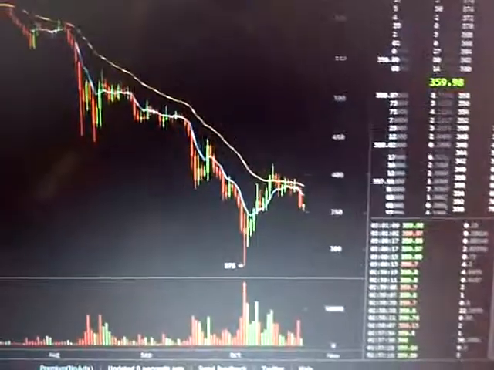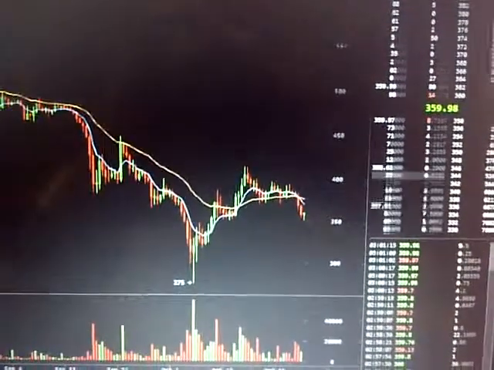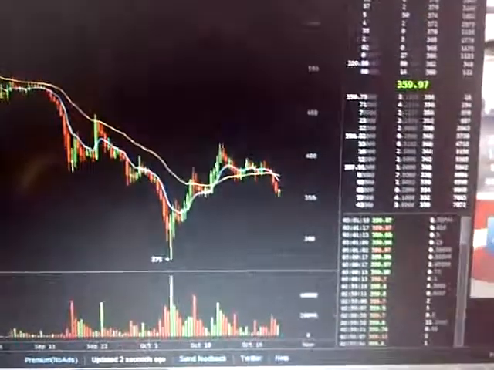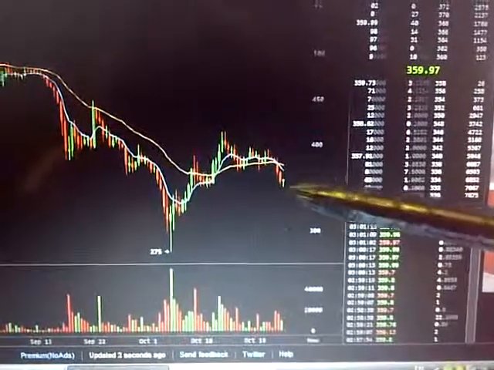So you're all probably wondering where is it going to go, or maybe you want to get some better idea of how to play this. I mentioned you could just do a market order or put some limits at 350 or somewhere around 350.